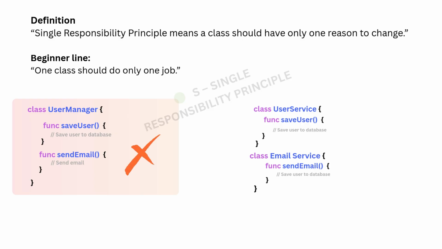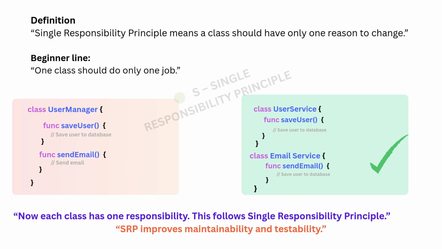So we have two different classes for two different functions, so it is not breaking our rule, because what we are saying is that one class has one job. Each class now has its own responsibility. This follows the single responsibility principle. SRP improves maintainability and testability. You can check and compare both examples to see how they look.